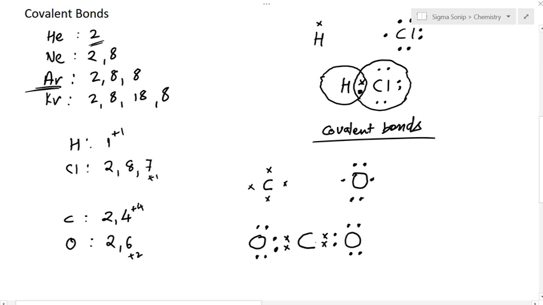So these contributed electrons are counted by each atom as its own.